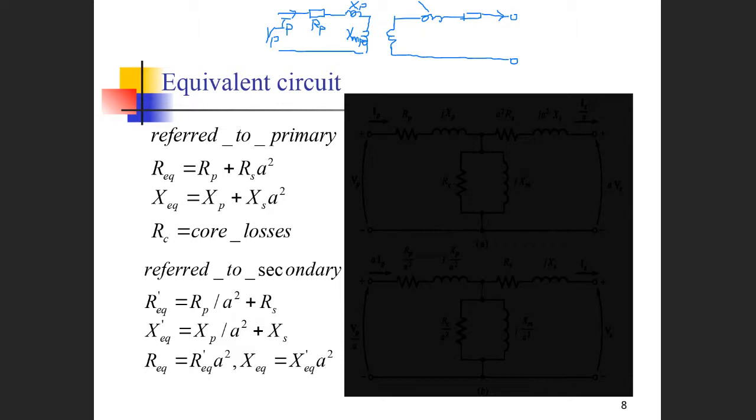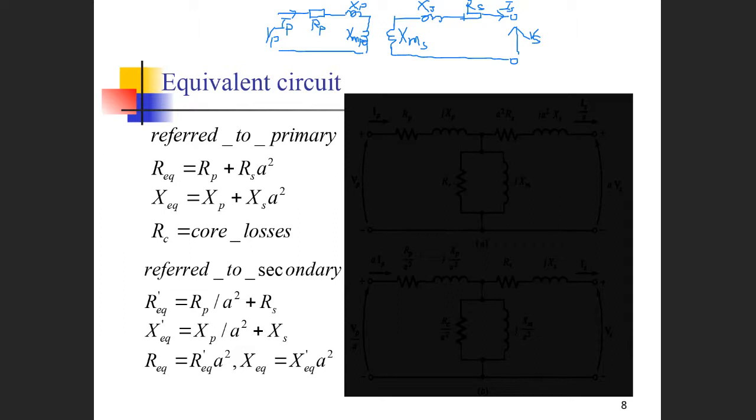We have the secondary leakage reactance, the secondary resistance, the secondary current, and the secondary voltage. Here is the secondary magnetizing reactance.